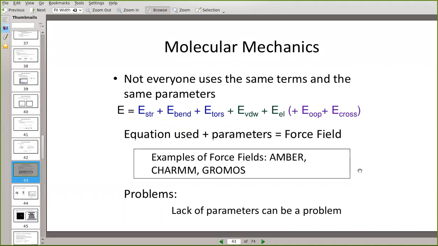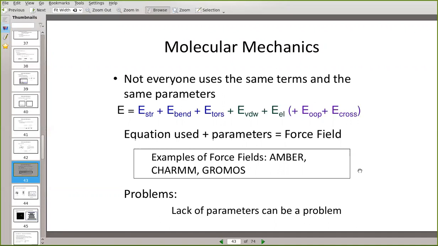We've got 92 natural elements in the periodic table. And of course, just with a single interaction, it's 92 squared possible differences. And of course, when you take double, triple, single bonds into account, a carbon-carbon bond is different to a carbon-carbon double bond. There are so many numbers you need for this. Lack of parameters can be a problem.